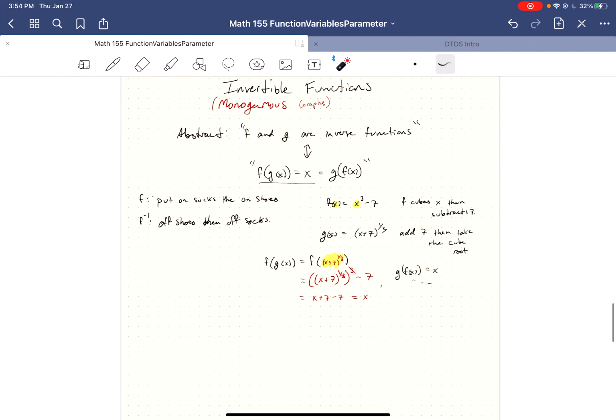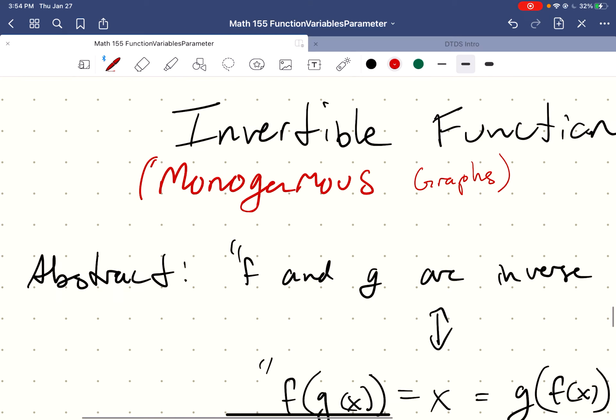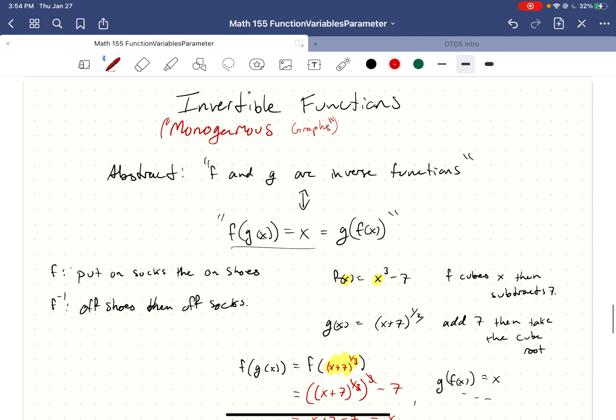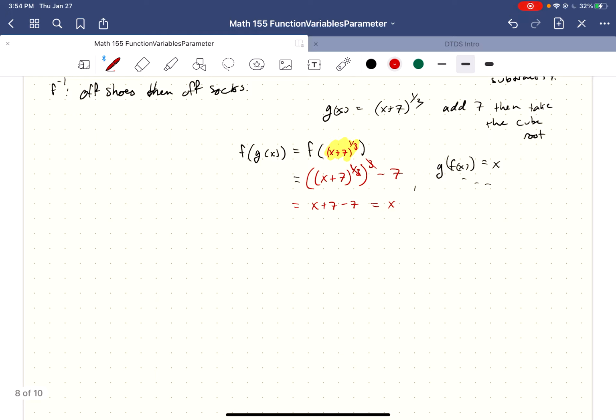Okay, now underneath invertible functions, I have monogamous graphs, which really deserves to be in quotes. This is just a made-up mnemonic to try and remember what's going on. So let's look at a more abstract notion of a function, which is just an arbitrary pairing. I'll use x and y.